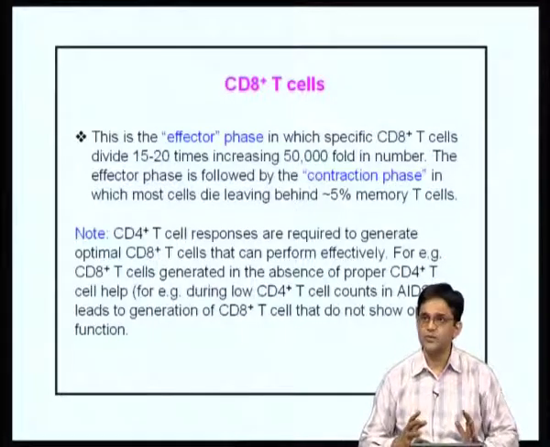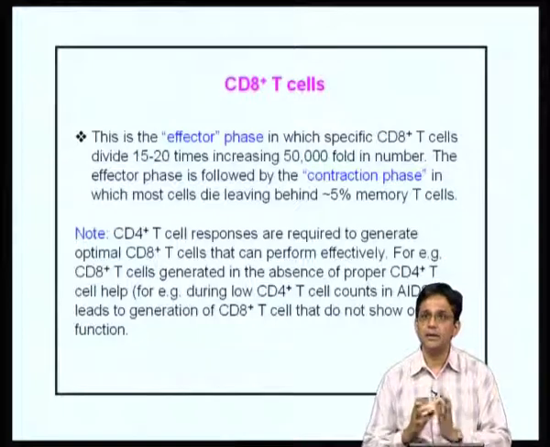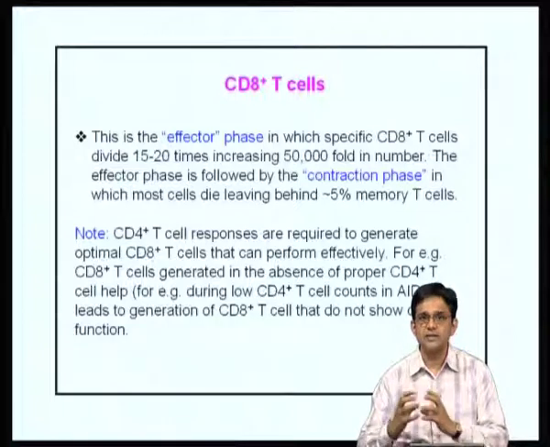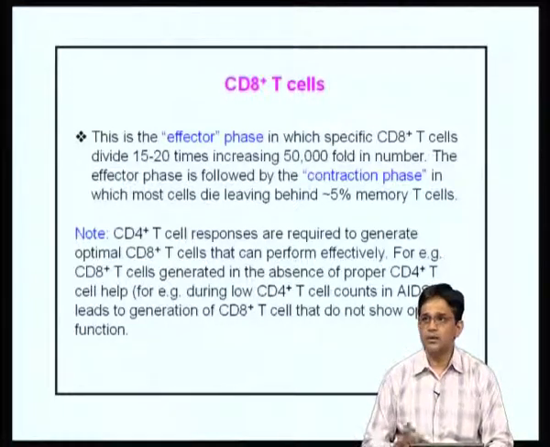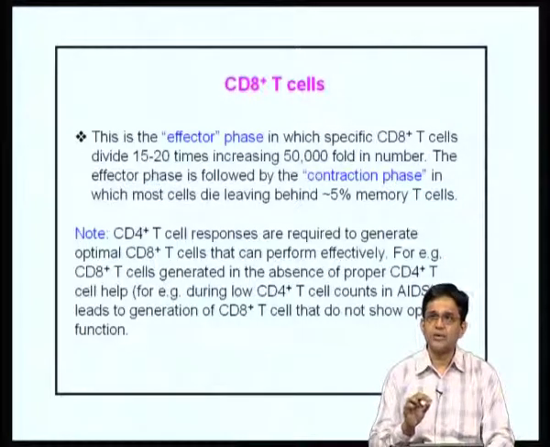So you have an effector phase which results in an increase in the numbers of the CD8 and CTLs, and then you have a contraction phase in which most of these cells die and they leave behind a small number of memory T cells. So this is a very important aspect about T cell activation.